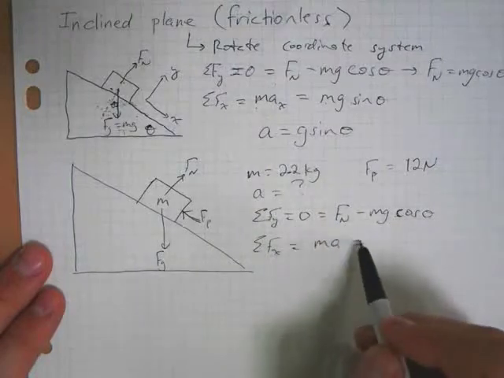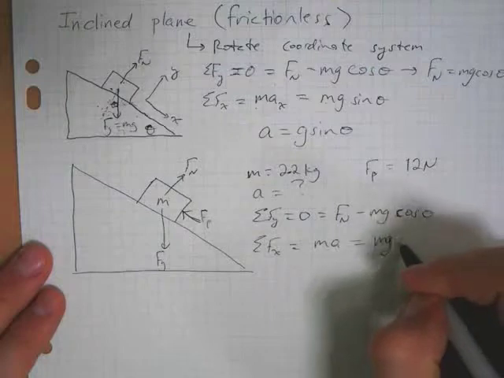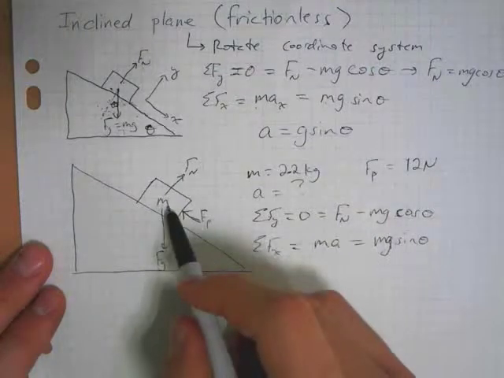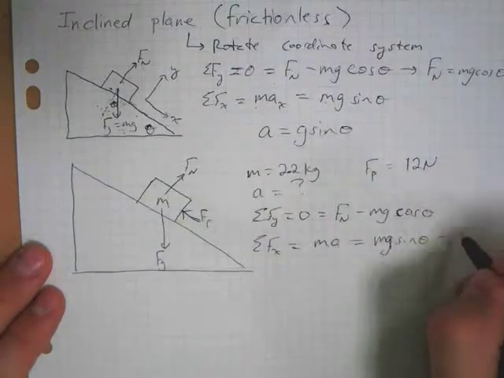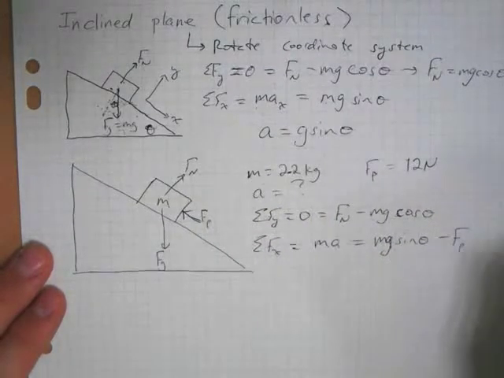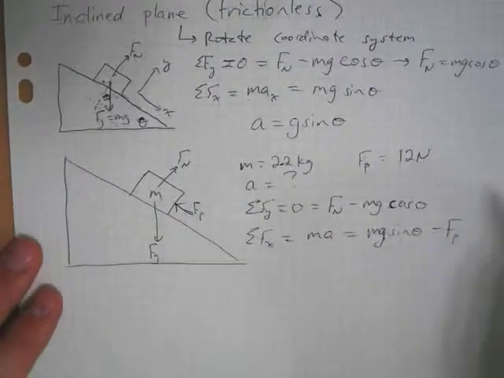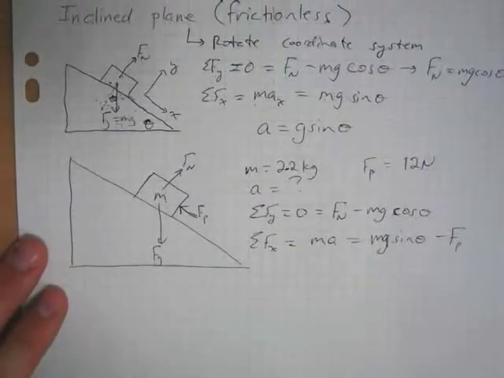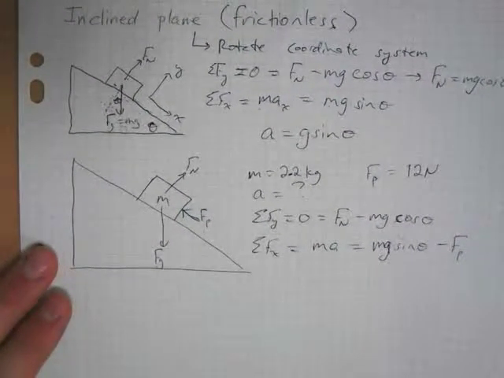And in the x direction, we have an mg sine theta that would pull this down the ramp. And then we have the pushing force pointing up the ramp. And from this, we can figure out what the acceleration of the object is going to be.